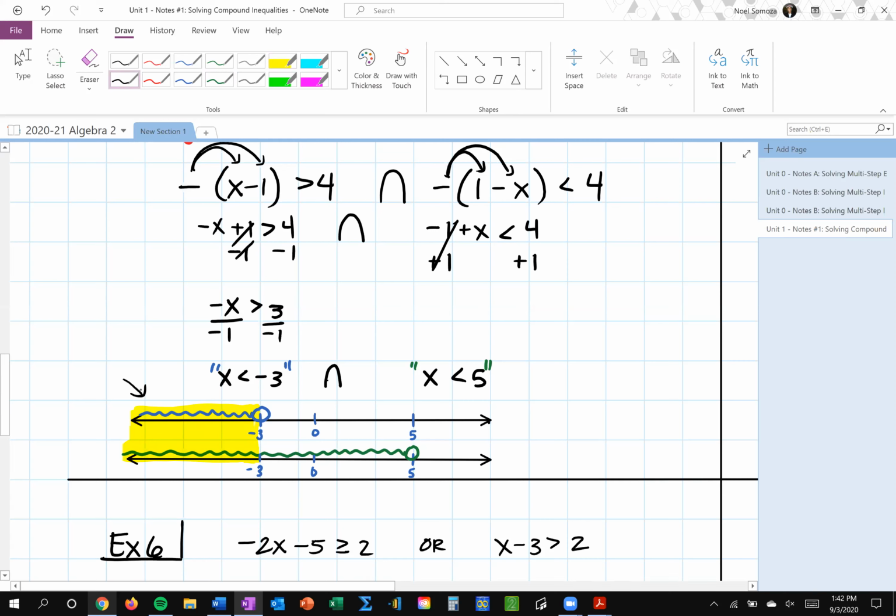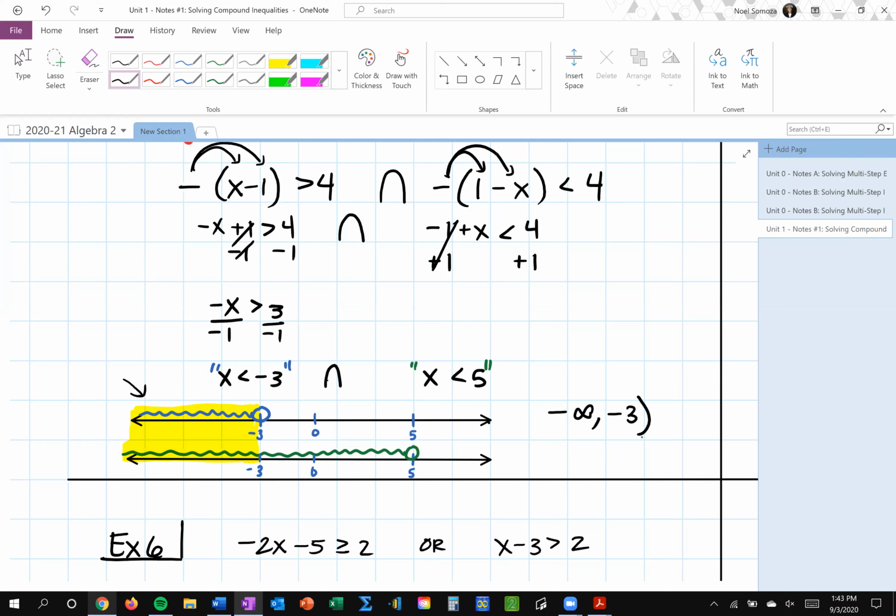So if I wanted an interval that represents that zone, first of all, both the blue and the green are headed to -infinity. So that interval goes all the way to -infinity. And then as it's coming back towards the right, it's going to stop at -3. At -3, it's an open circle, so we have to use a parenthesis, because remember that it needs to satisfy both inequalities.